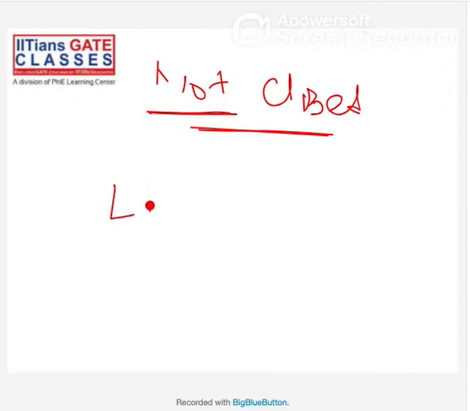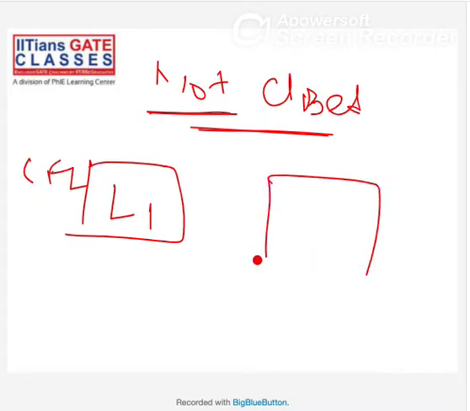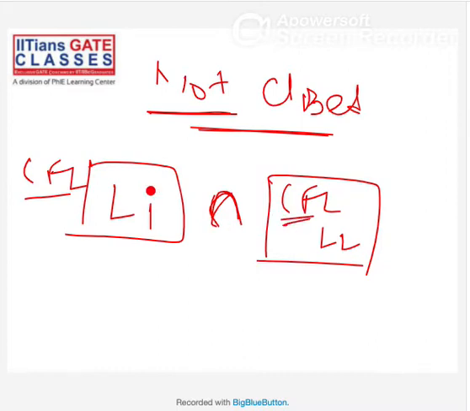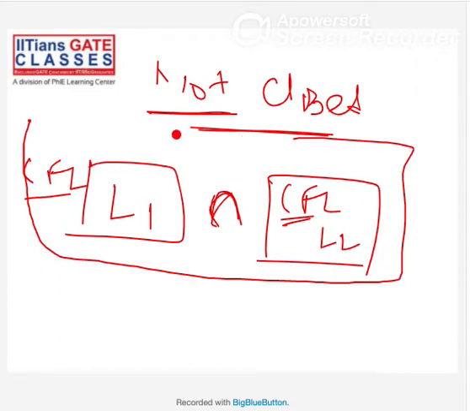It means that if I give you some CFL L1 and another CFL L2, then the intersection of the two CFLs may not be a CFL.